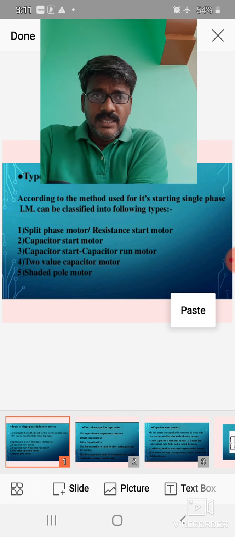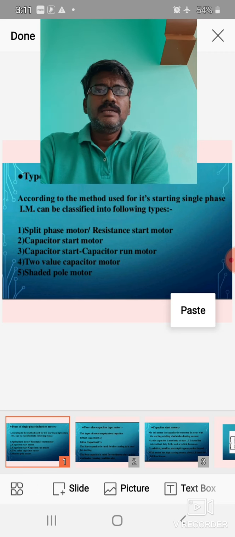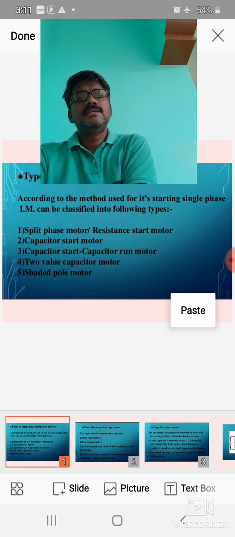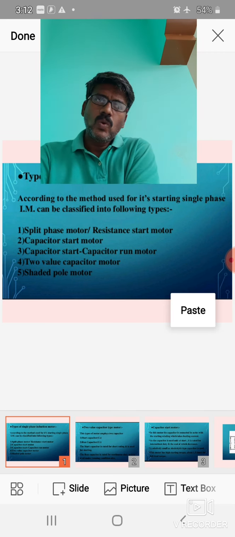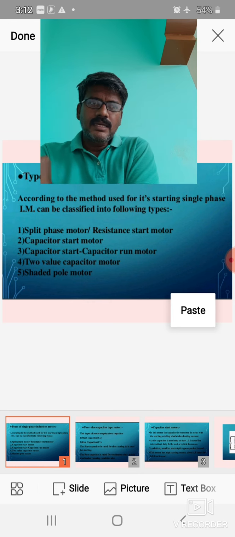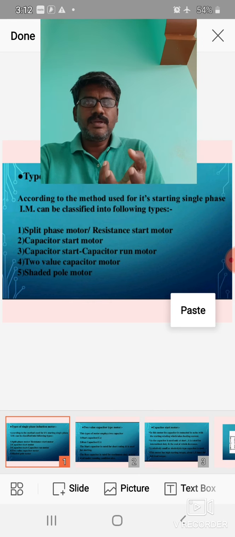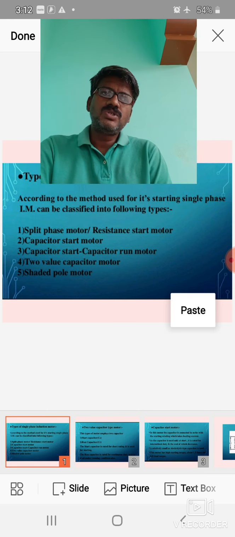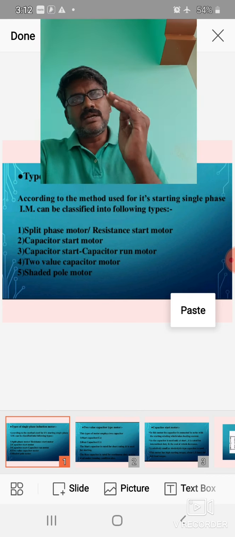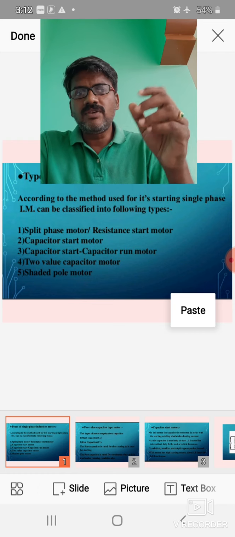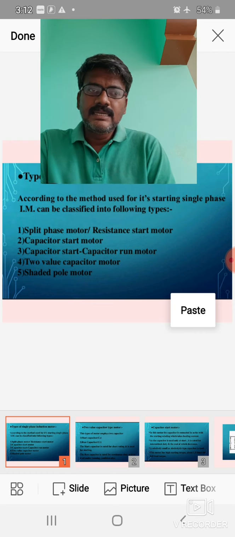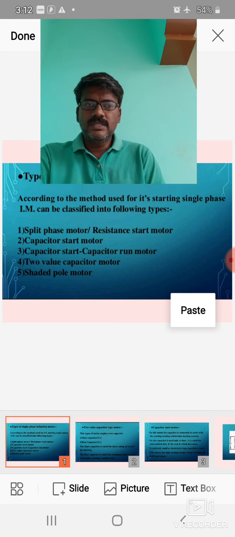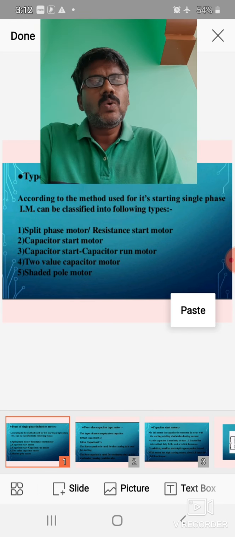This capacitor is a start capacitor only. When the motor picks up speed to 80%, the centrifugal switch disconnects the starting winding. Then the motor runs with only the main winding.